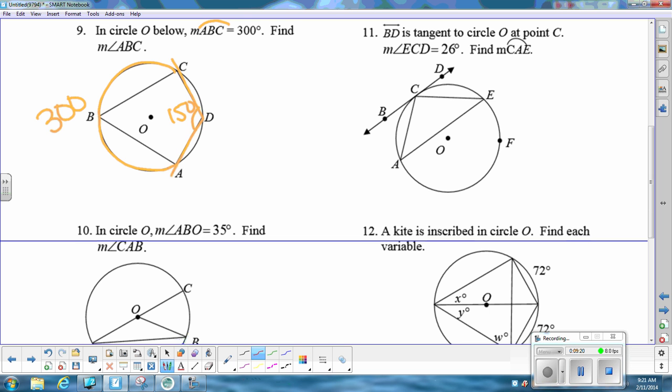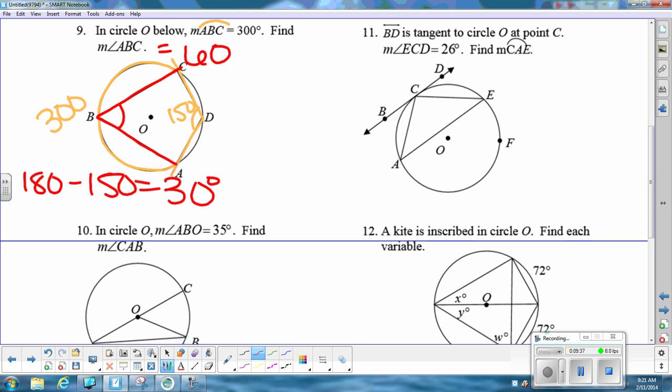And we are looking for this angle I have marked off in red. Well, we know those angles have to be supplementary, so that angle needs to be 180 minus 150. So we get angle ABC has to equal, not 60 degrees, has to equal 30 degrees.